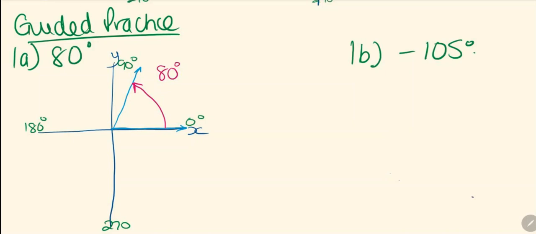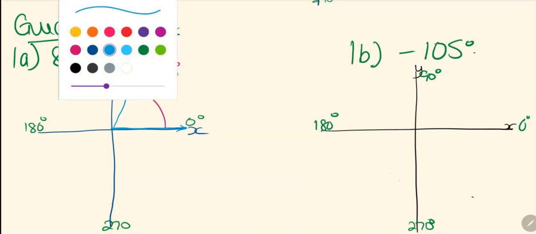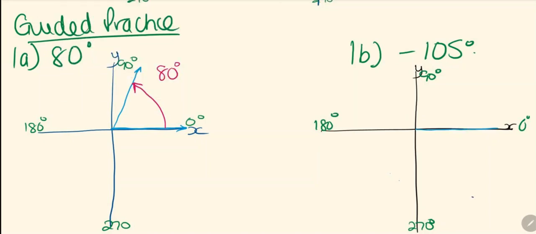So let's look at the second one. This is minus 105. So again, we're going to label X and Y. We're going to write in the values, 0, 90, 180 and 270. And we're going to draw in the angle. So we start at 0. But this time it's negative, so it's going to go clockwise.